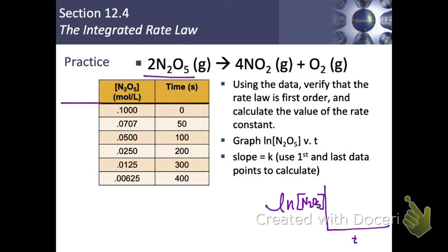If it's a first order reaction, I would graph the natural log of my reactant over time, okay? And so that means in order to get that graph data, I need to make another spot in my data table in which I have the data of the natural log of all of my concentrations. Okay?